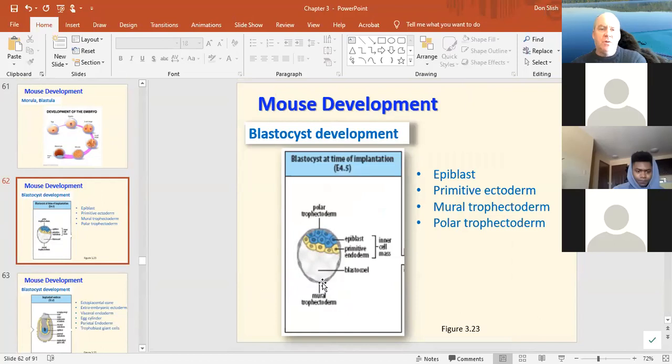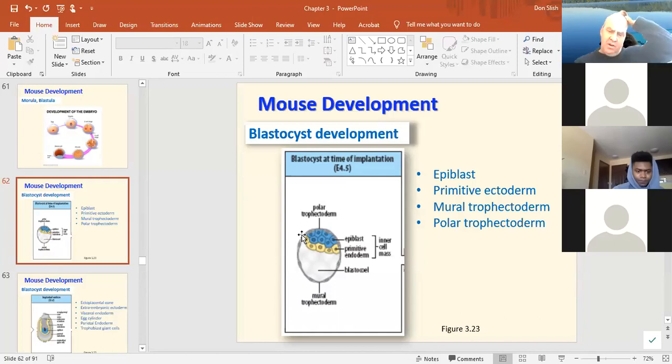So this whole embryo is surrounded by trophectoderm. That's going to be extra embryonic. It won't be part of the final embryo. And then here is the epiblast. That's what's actually going to be the embryo, or at least most of these cells will be embryo. And then here you've got primitive endoderm, which is not going to be part of the embryo. That'll also be extra embryonic.